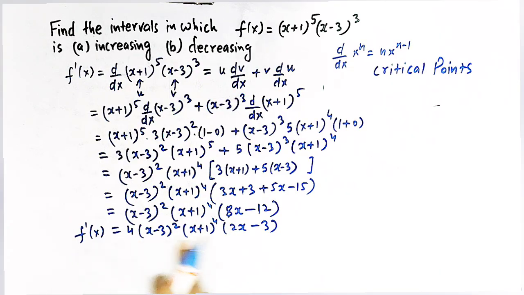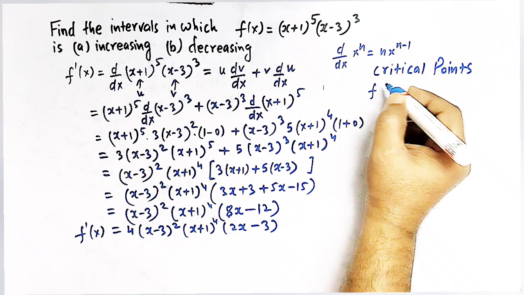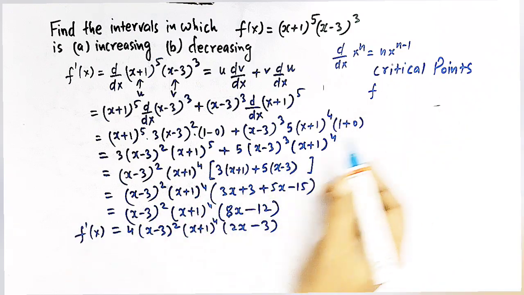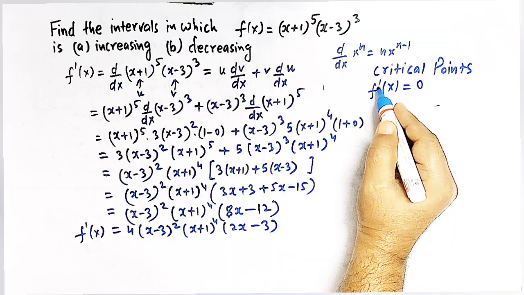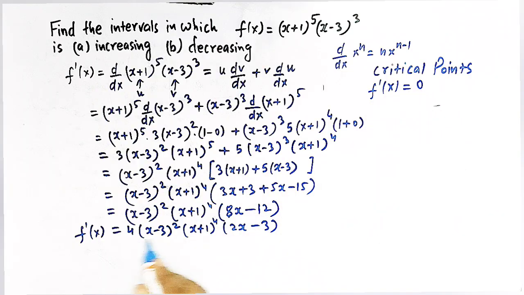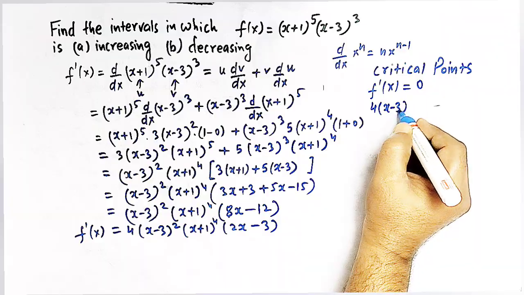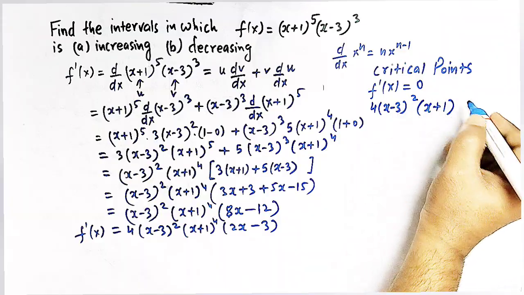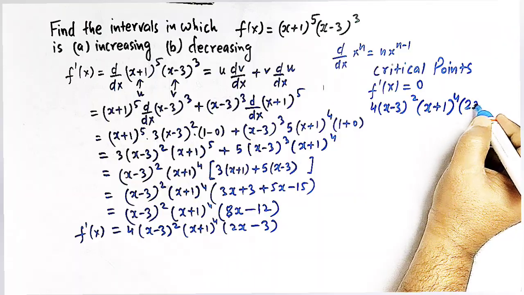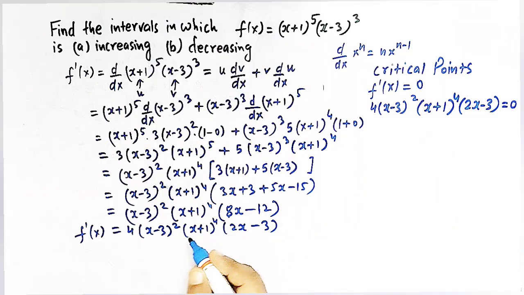Now the critical points of this function f of x are given by equating the derivative to 0. So f prime of x is 0, that is, 4 times (x - 3)^2 times (x + 1)^4 times (2x - 3) is equal to 0.